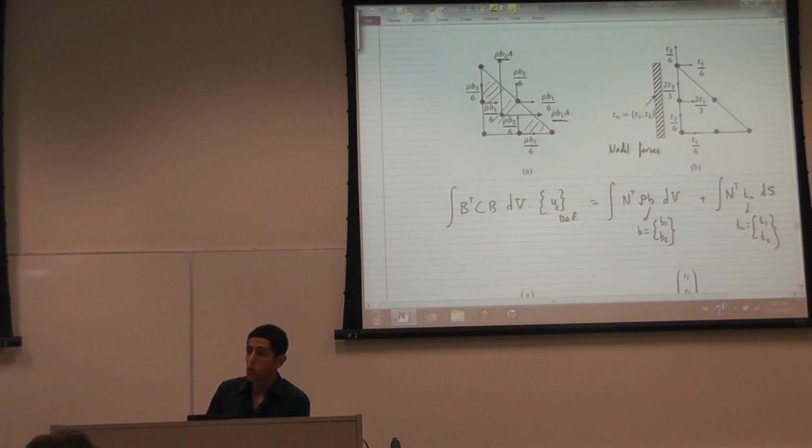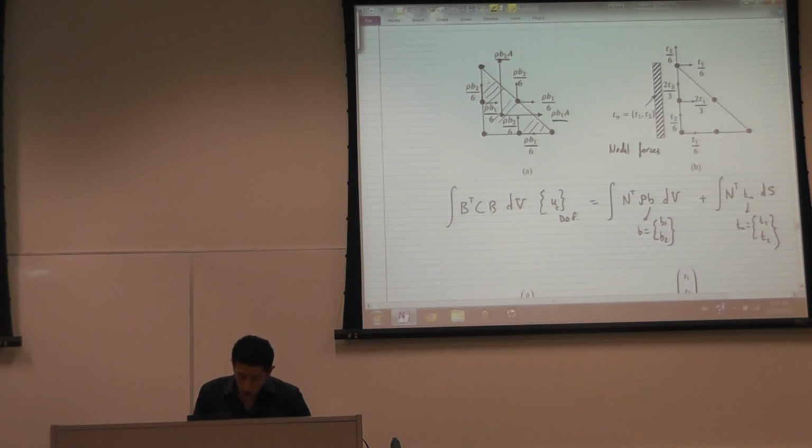Now I want to take that total load applied on the element and make it into nodal forces applied on the nodes.